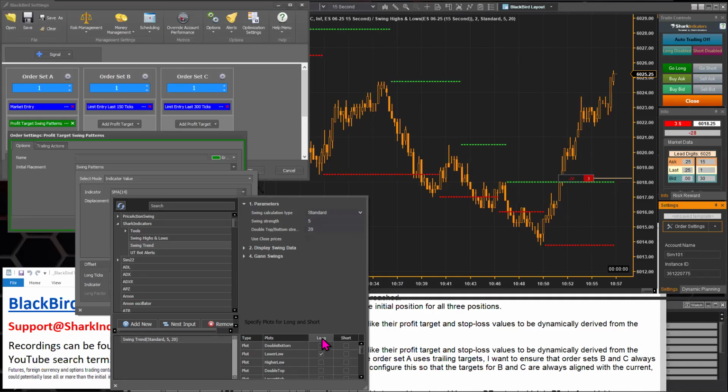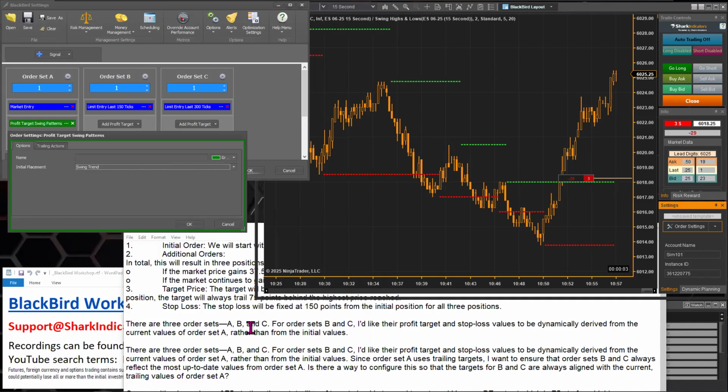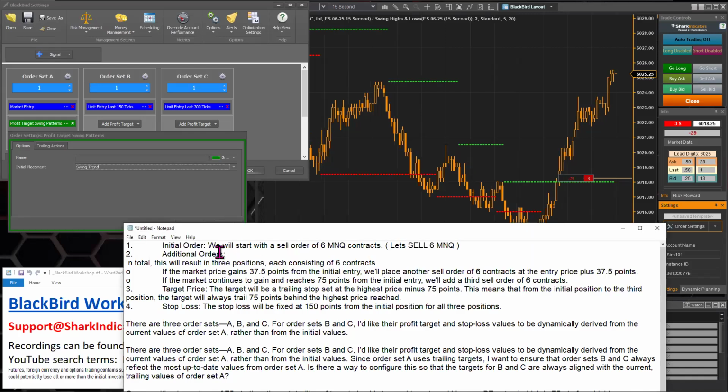So for a long trade, we're going to use the lowest low, and for a short trade, we're going to use the highest high. Here we go. Again, this is all written for taking a short trade. So our profit target, we're taking the swing point high and then subtracting 75 points.